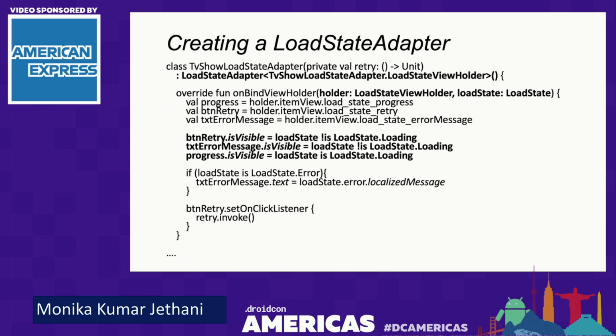We do that by creating a load state adapter. We create a class which extends from LoadStateAdapter, and then we create a layout for it and make the particular views visible, whether retry, progress, or error message, based on whether the load state is loading, not loading, or error.